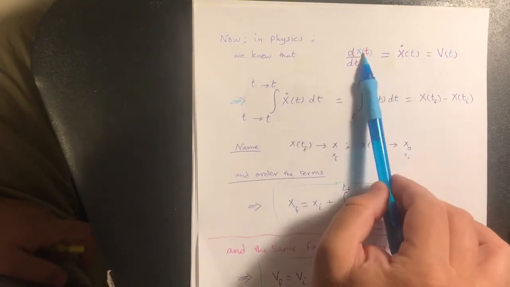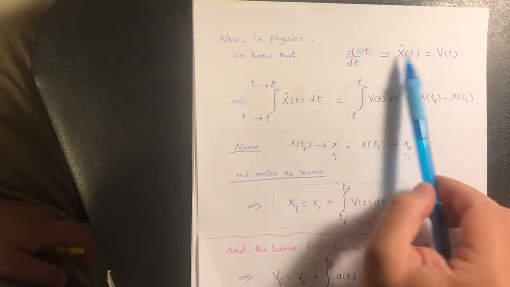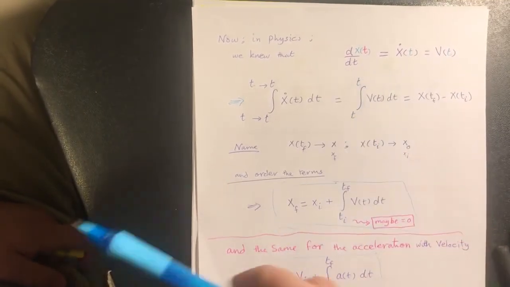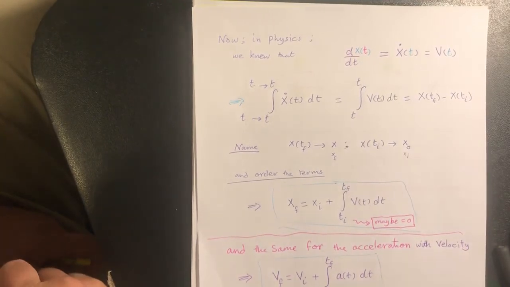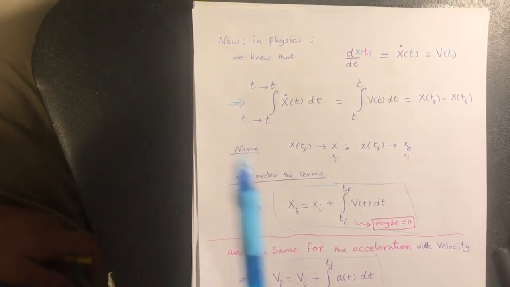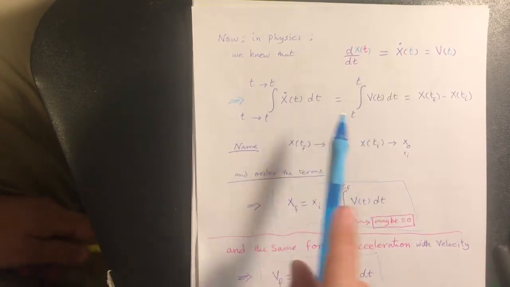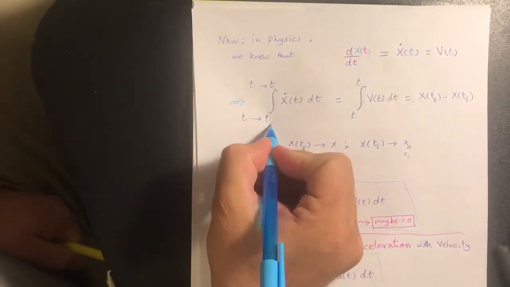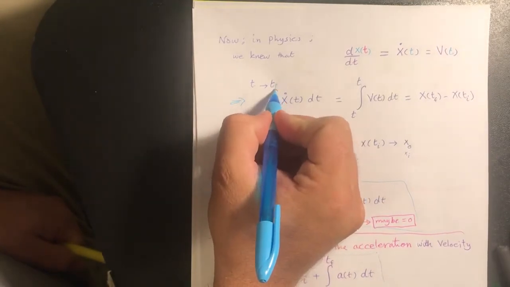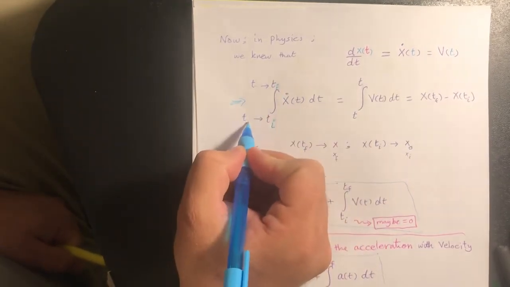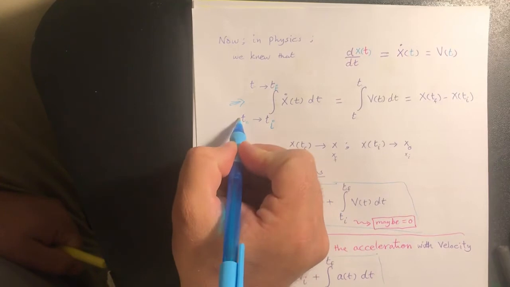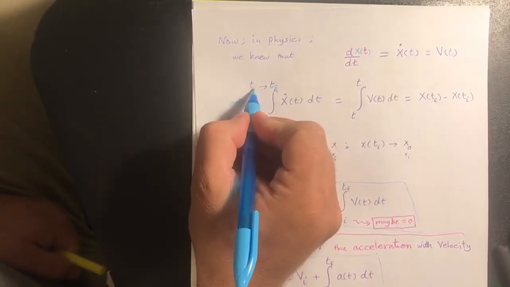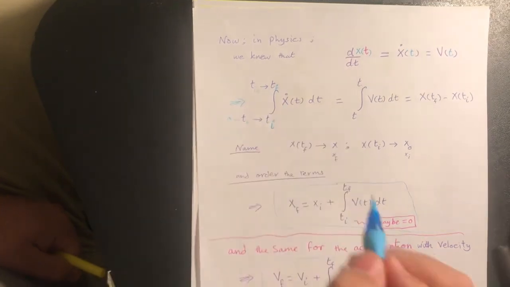So we can move between x and v as a function of t by differentiation or integration. And we have two limits: t initial and t final. T initial may be equal to t0. Sometimes it is equal to 0 seconds, and this is t1 or t2 or anything like that.